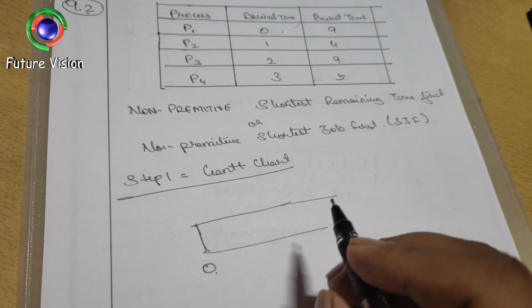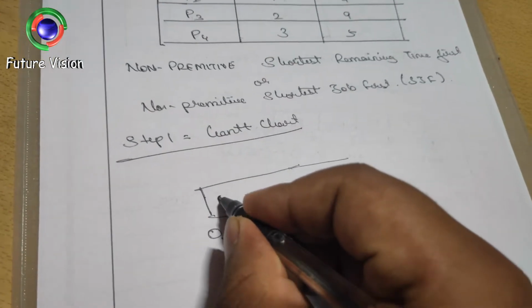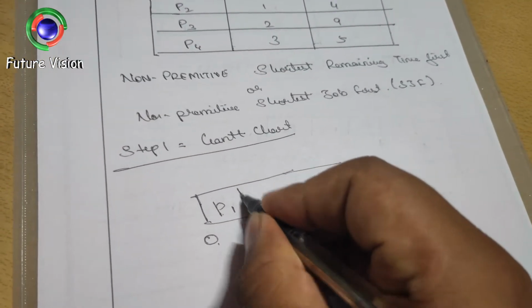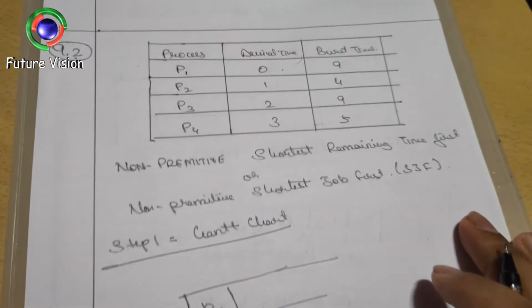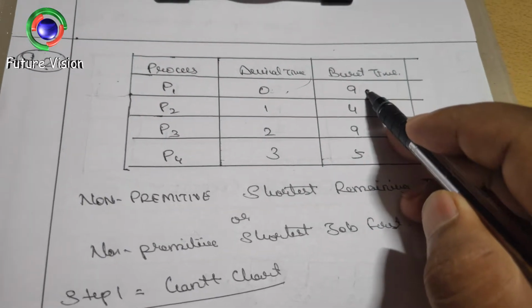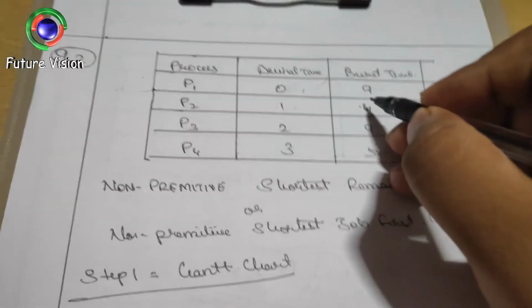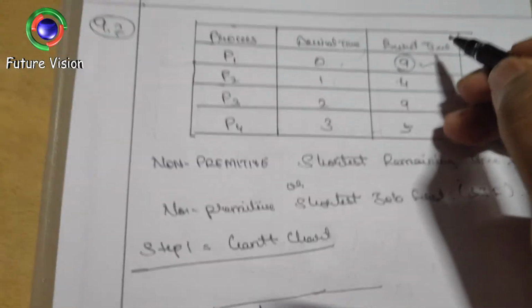In non-preemptive, P1 is not stopped, so P1 runs till 9th millisecond. Now the first execution is completed.